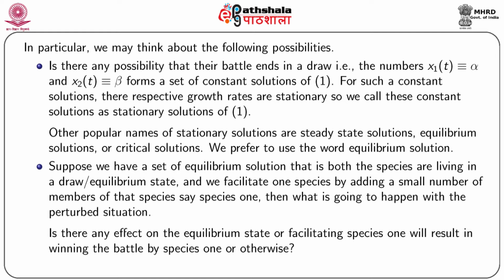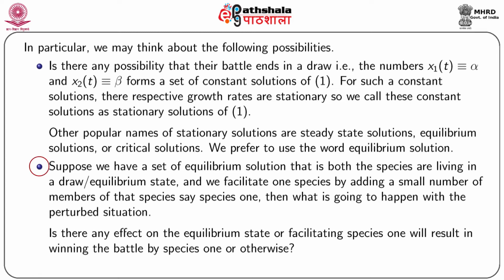For such a constant solution, their respective growth rates are stationary, so we call these constant solutions stationary solutions of equation 1. Other popular names of stationary solution are steady state solution, equilibrium solution, or critical solution. Throughout this lecture, we will use any one of them in our study.